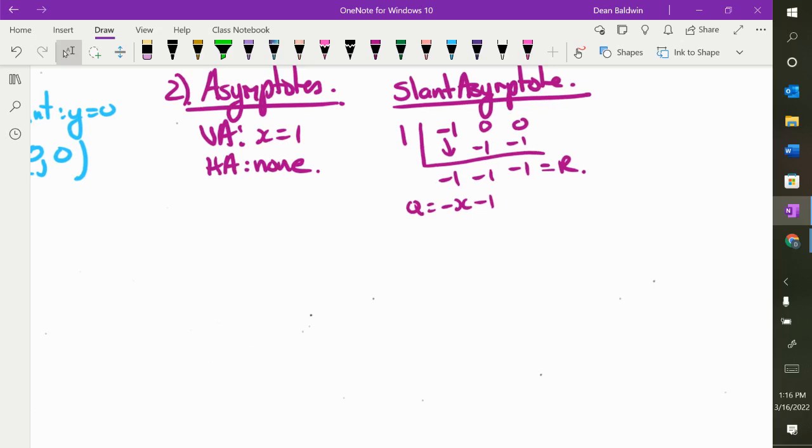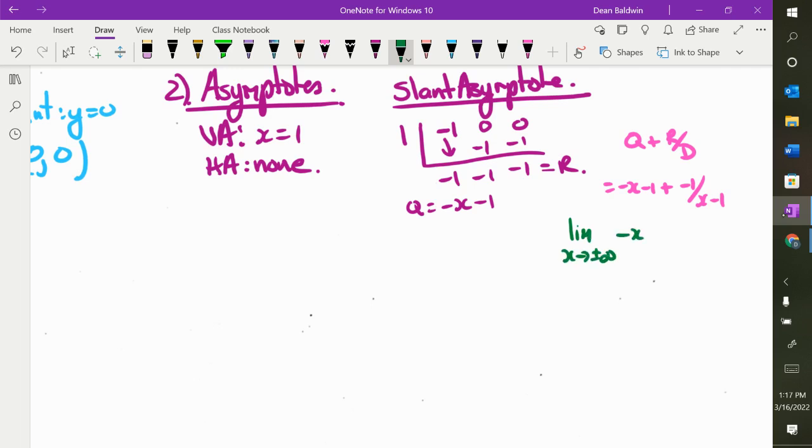And we write everything as Q plus r over d, not dq plus r. So negative x minus 1 plus the remainder. You'd have to factor a negative out. If you factored the negative out, you could do that, but the divisor is x minus 1. Okay. And remember, it's the limit of that as x goes to infinity, right?